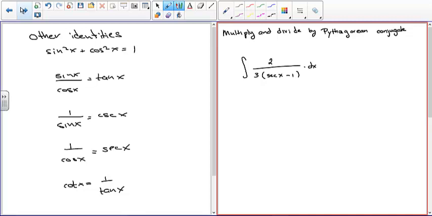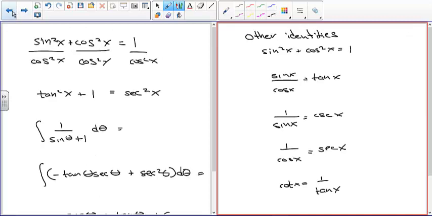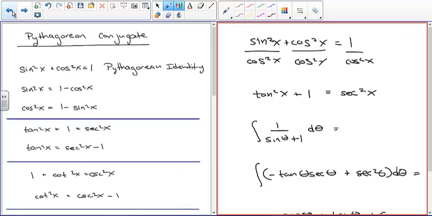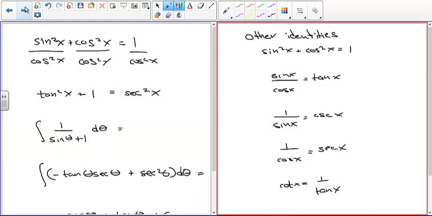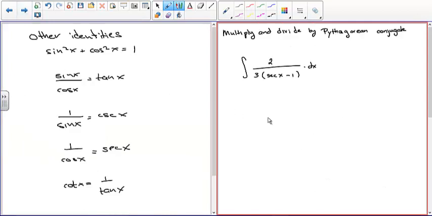So let me just steal it from the other page if you didn't write it down. So it's one of these, probably this one. Probably that one right there. I think I'll need to use that. And I just do the algebra first, or the trig first, whatever you want to call it.